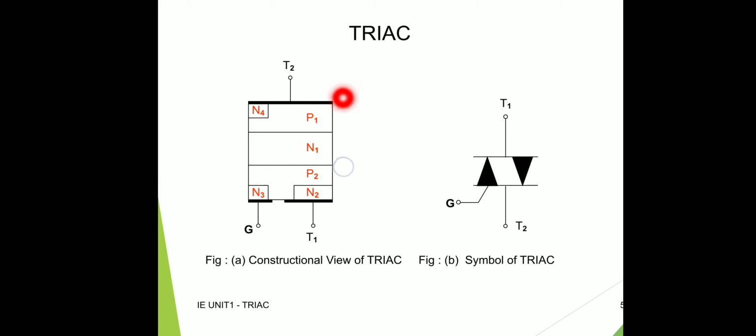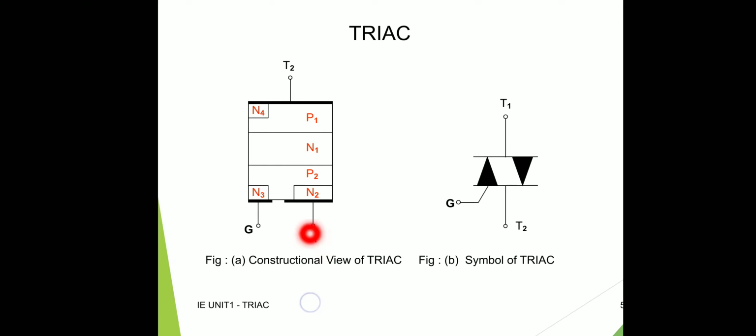So the T2 terminal is connected with P1 and N4. Now T1 is the terminal connected to the P2 region as well as N2, main terminal T1. The gate is the terminal connected with N3 and P2. So the gate is near the T1 terminal.